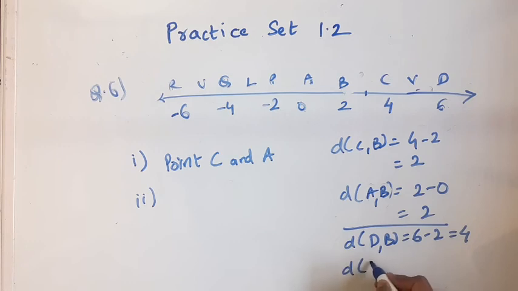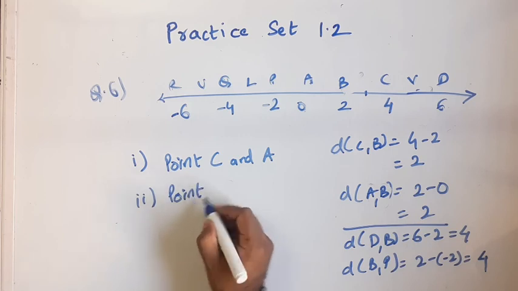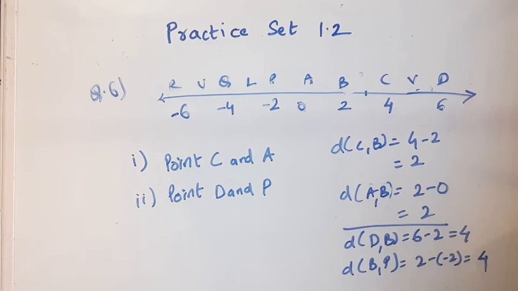And distance BP is 2 minus minus 2, that is 2 plus 2, that is also 4. So points D and P are also equidistant from B.